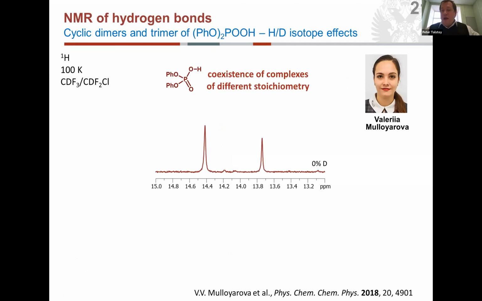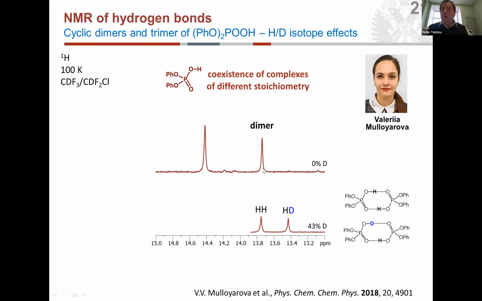If we take phosphoric acid, then already without deuteration, we see two signals. There are two different complexes that these acids can form in solution. One of the complexes that gives rise to the right-hand signal splits into two after partial deuteration, exactly like the cyclic dimer should. So we assign it to a dimer.